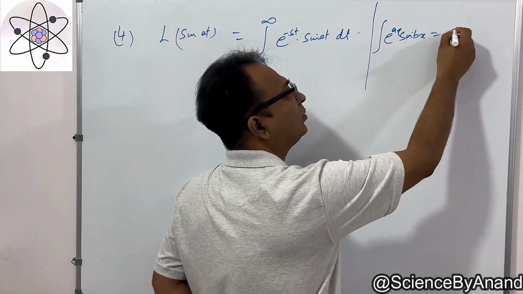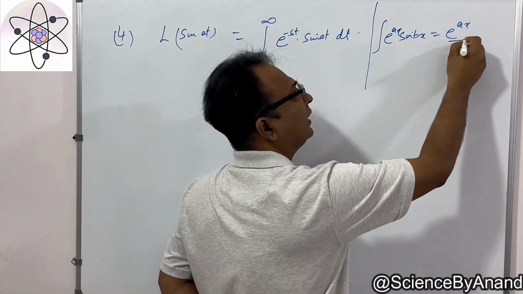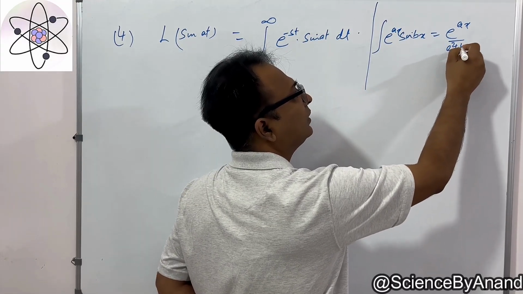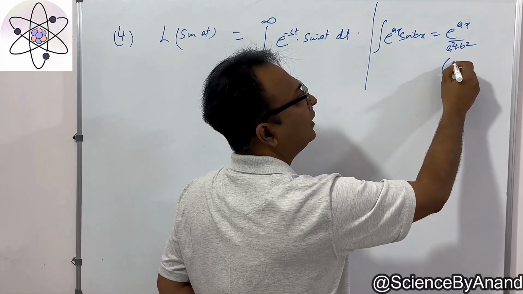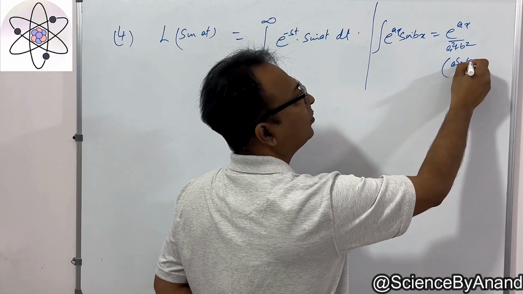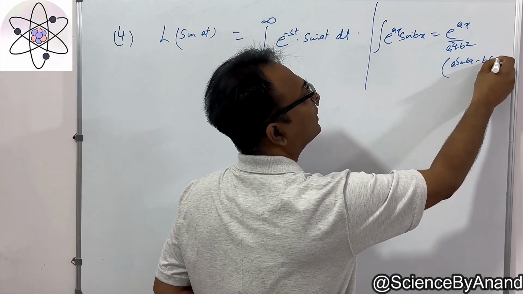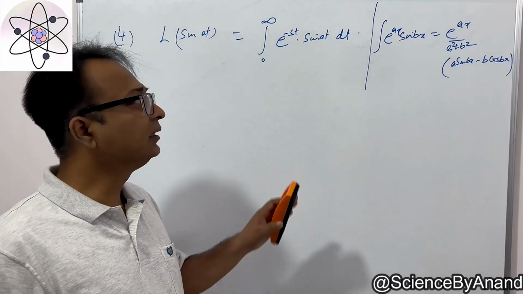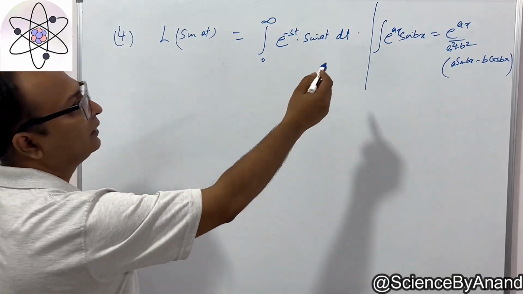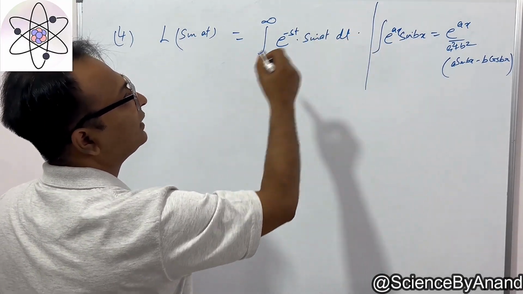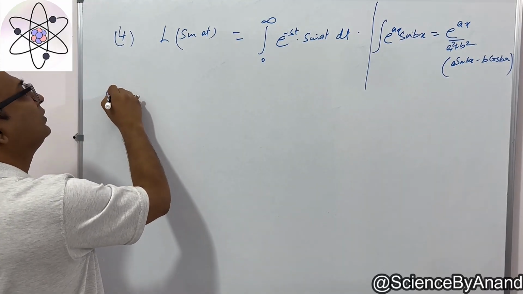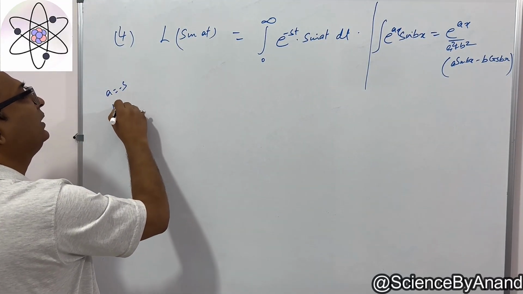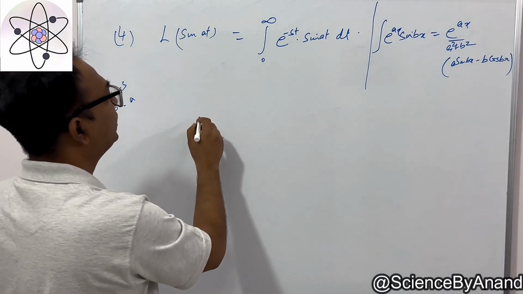This was e to the power ax by a square plus b square into a sin bx minus b cos bx. This is a standard integral. Here e to the power ax sin bx. So here a is minus s and b is a. So we will put it here.